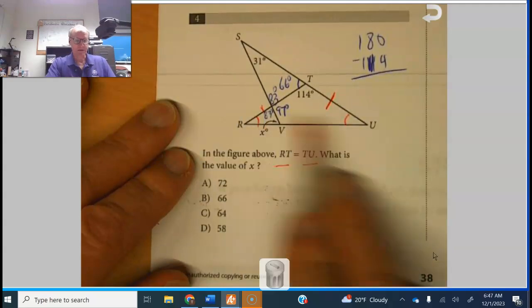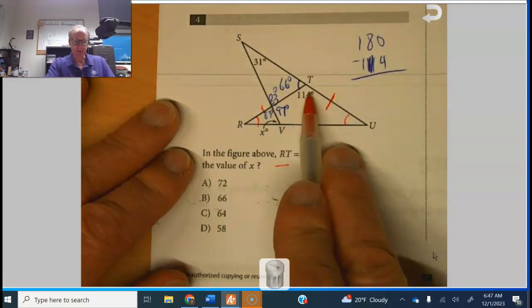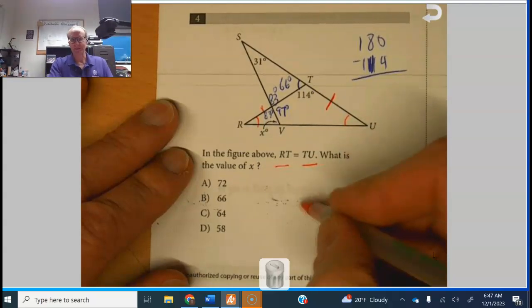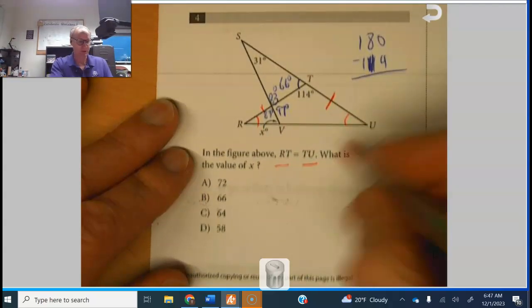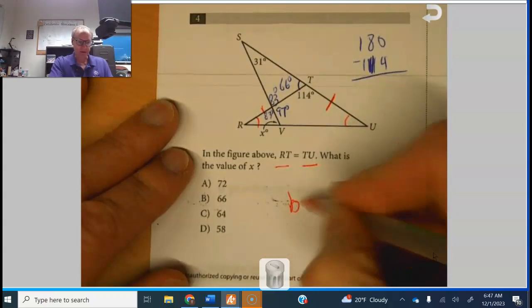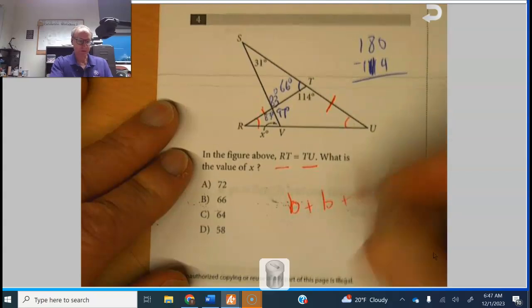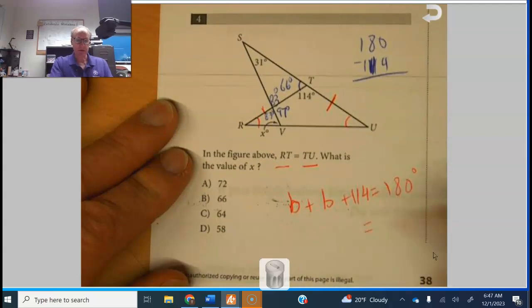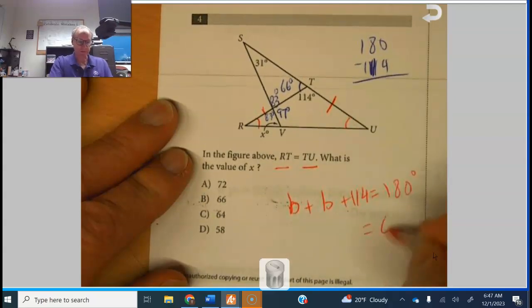I have base angles equal plus 114 gives me my 180. So I'd normally write x plus x, but that's going to mess me up. So I'm going to call it b plus b for base angles. B plus b plus the 114 gives me the 180. And I've already subtracted that before, which gave me 66.